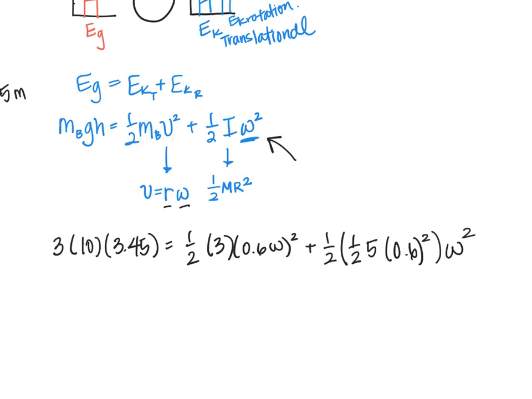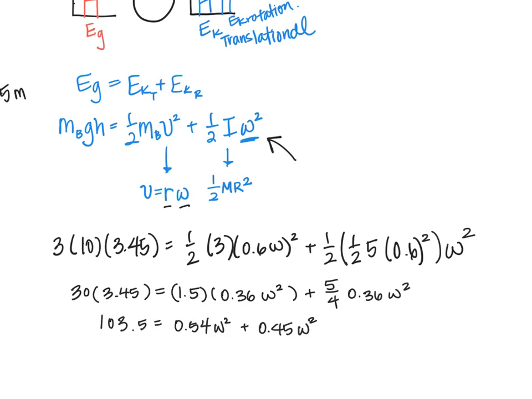So I should be able to now rearrange and simplify some things. So this would be 30 times 3.45 is equal to 1.5 times 0.36 omega squared plus 5/4 times 0.36 times omega squared.